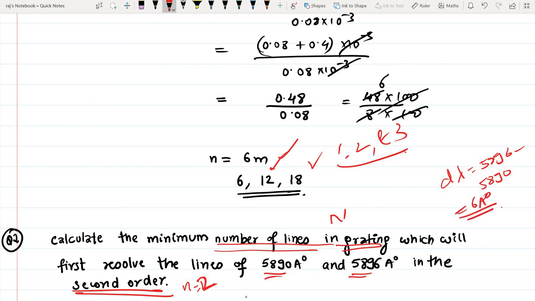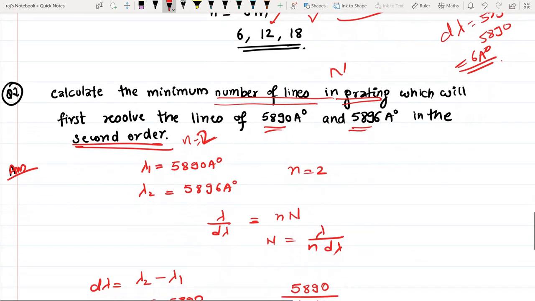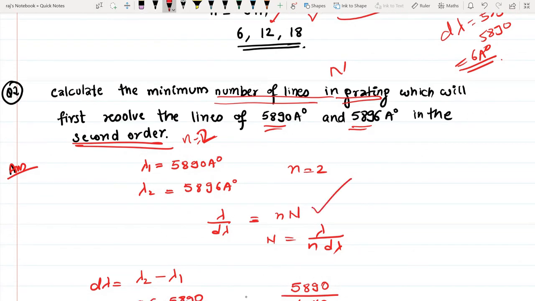Since the resolving power is nothing but lambda by d lambda is equal to n into n, lambda is 5890 angstroms divided by d lambda, which we have calculated as 5896 minus 5890, that is equal to 6 angstroms, and n we have been given as 2.